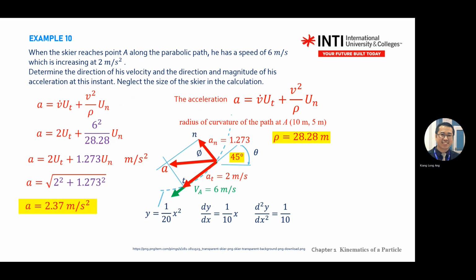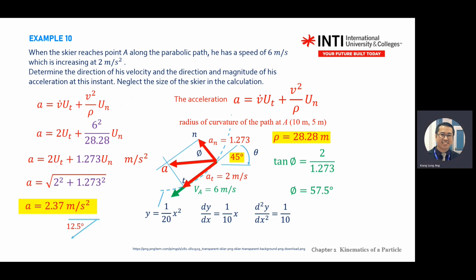So your normal acceleration is 2 point something, and from there you calculate the angle. So how to find the angle? You have the magnitudes, opposite and adjacent side. Tangent is 2 over 1.2, and you get the angle here, 57 point something. But referring to the horizontal ground, the angle is 12.5.